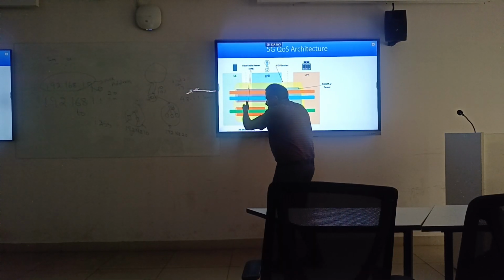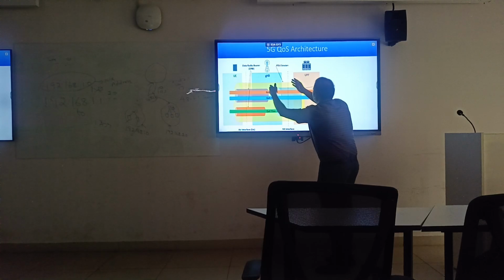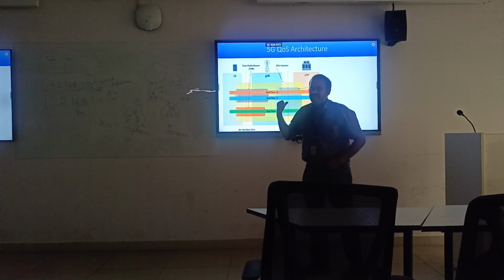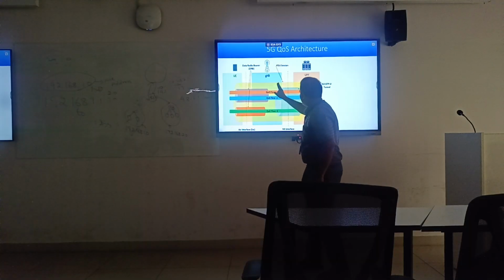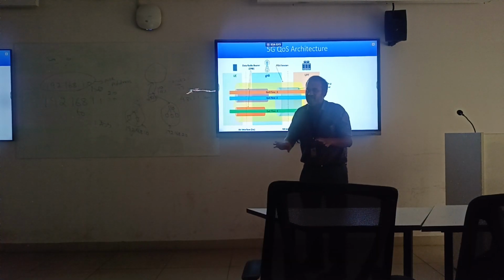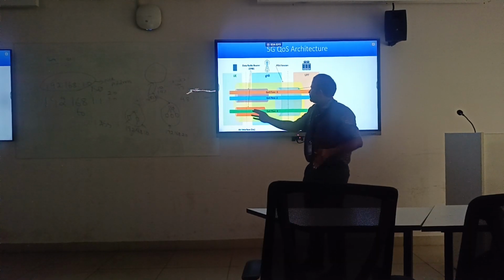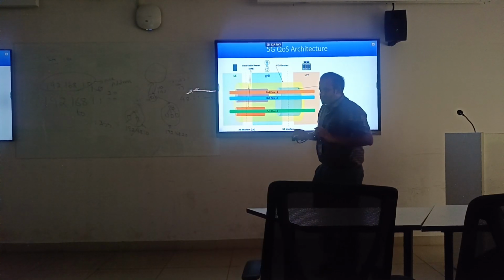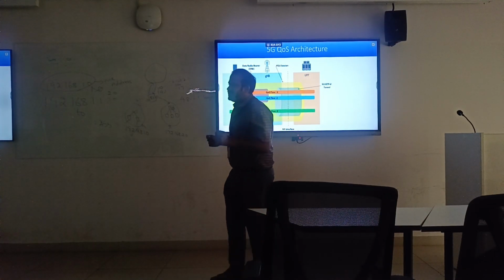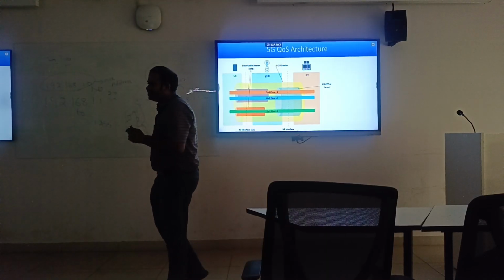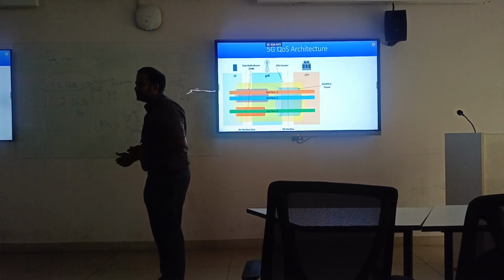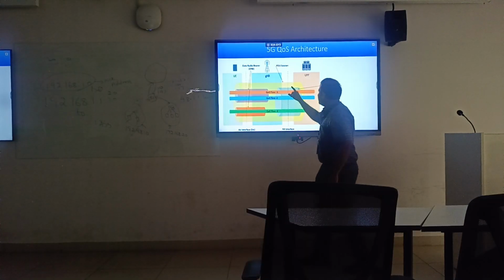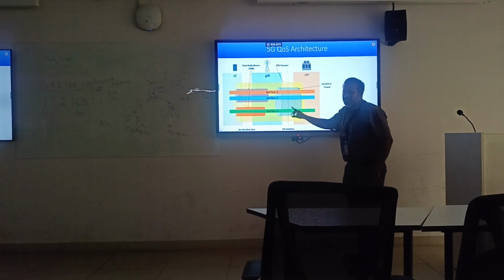UE and G-Node B use the data bearer, and between G-Node B and UPF you use the GTP tunnel, but both do the same process of carrying your data from your user equipment to the UPF. The main difference is that UE to G-Node B uses the data bearer and G-Node B to UPF uses the GTP tunnel.